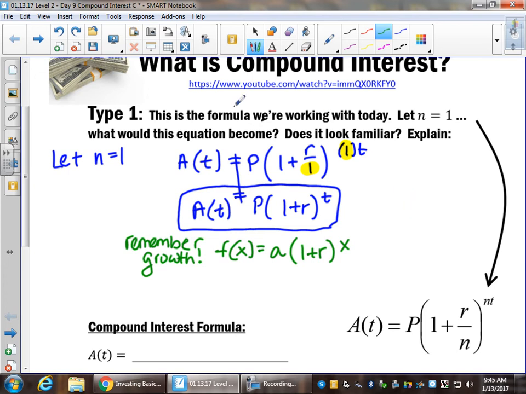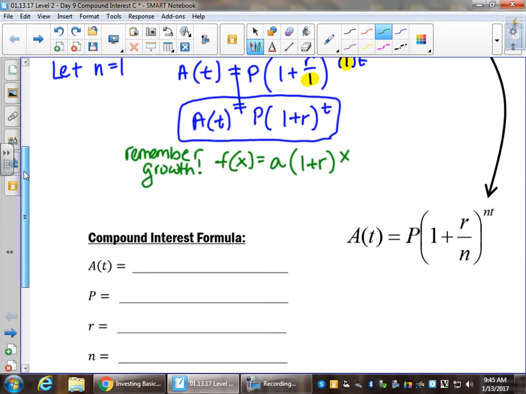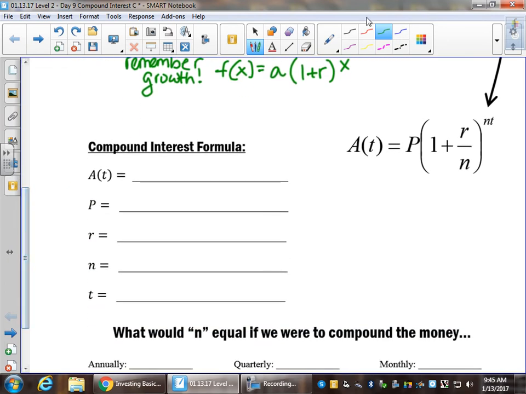Before we start using it, let's see what our pieces are. A of t is connected to f of x. With exponential growth and decay, what did f of x represent? It does represent y, which represented what in the real world situation?